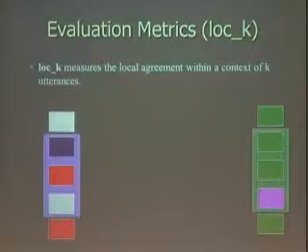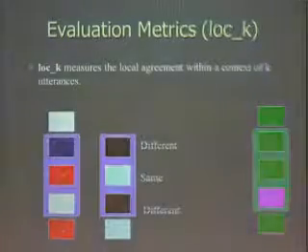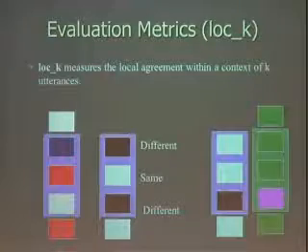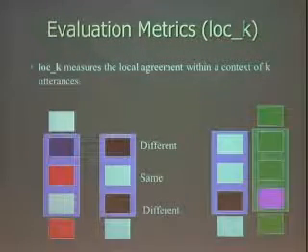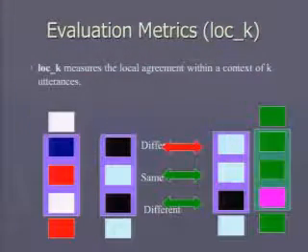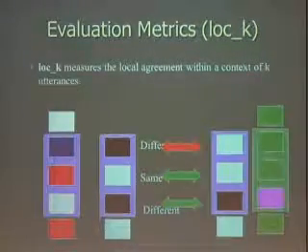So for this it is different, for this it's same because this is red, this is red, and for this it is different. Same with the target one. So this is same, this is same, and this is different. Then we measure the overlap between these two mappings. Here you can see it's 66%.